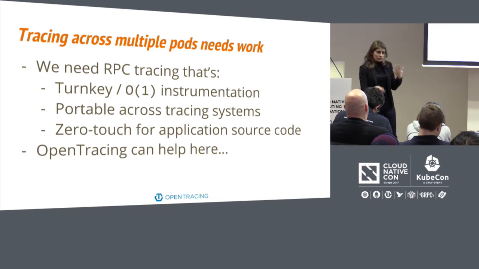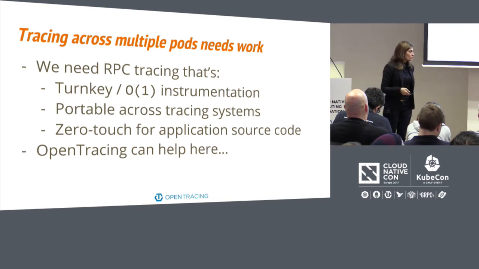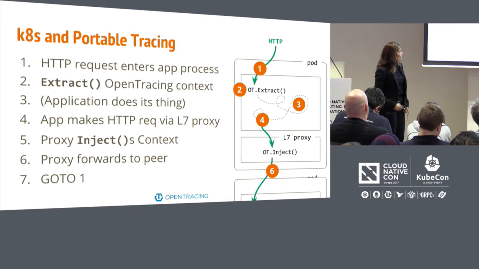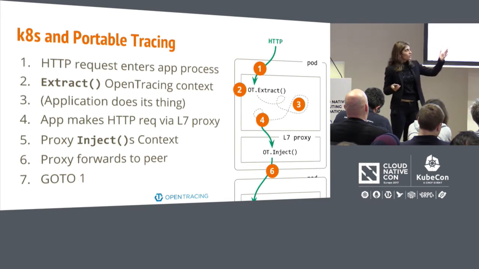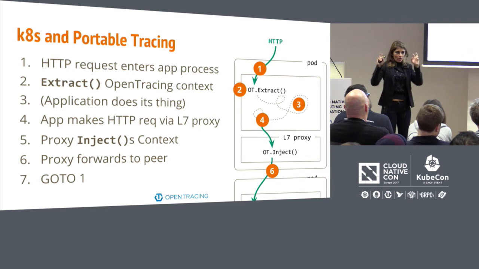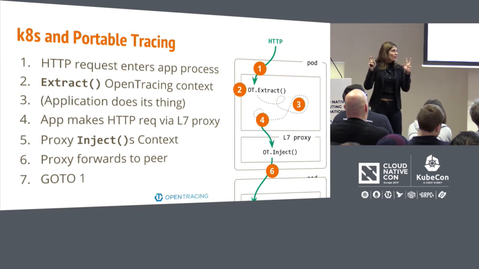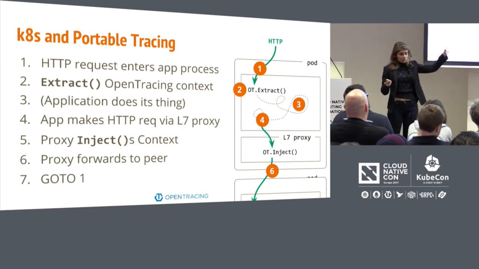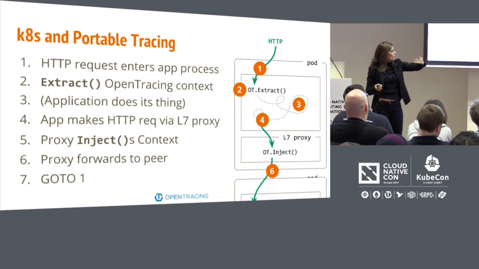So let me try to help visualize this, because there's a bunch of words. Basically, the way it will work is that this diagram hopefully helps explain, where you have an HTTP request come in, and then the OpenTracing context propagation piece starts with extract context. Then the application does whatever and sends out an HTTP request through the proxy.